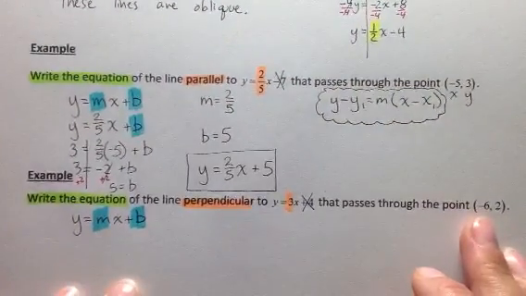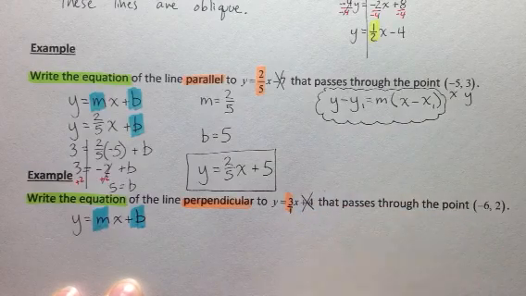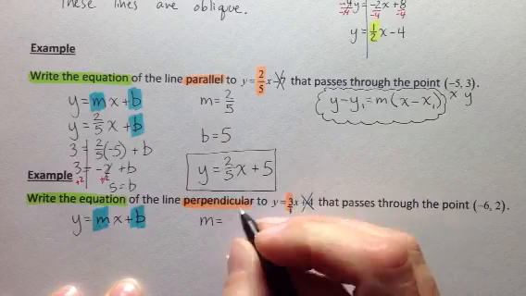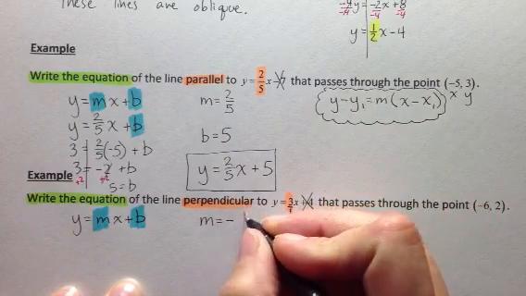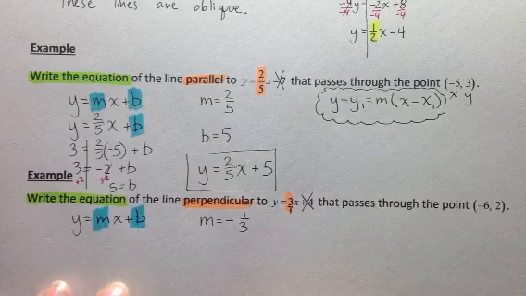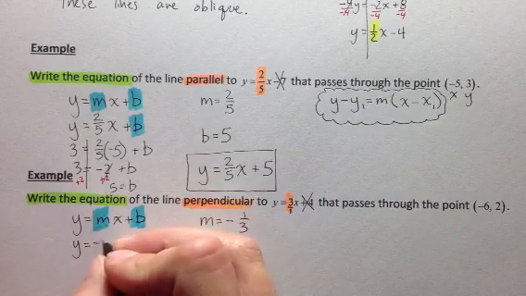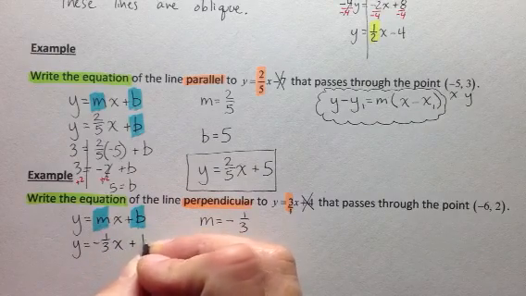So what I'm going to do is take 3, make it a fraction. If this is positive, my slope will be negative, and if I take the reciprocal of this, I get 1/3. Okay, so halfway there, -1/3 x plus b.